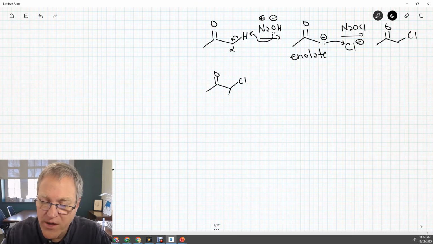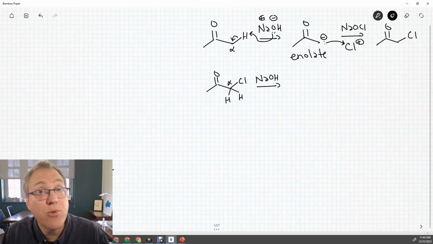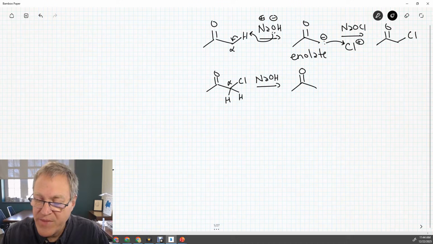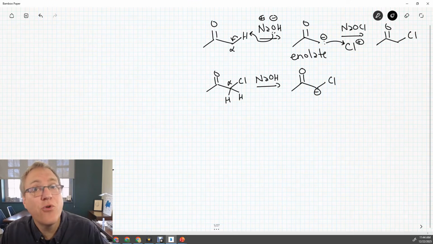Once we have chlorine on, we still have more alpha hydrogens, and these can react with sodium hydroxide. Sodium hydroxide can do a deprotonation of one of those remaining protons. That will form yet a new enolate. And that enolate actually forms a little faster.